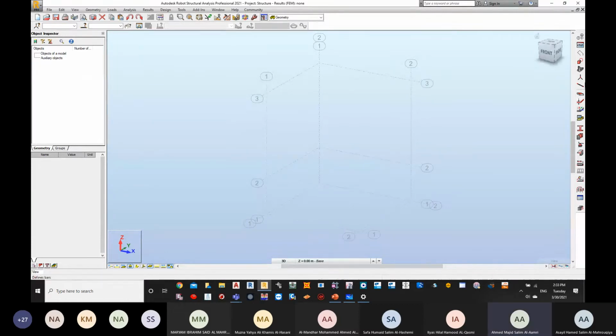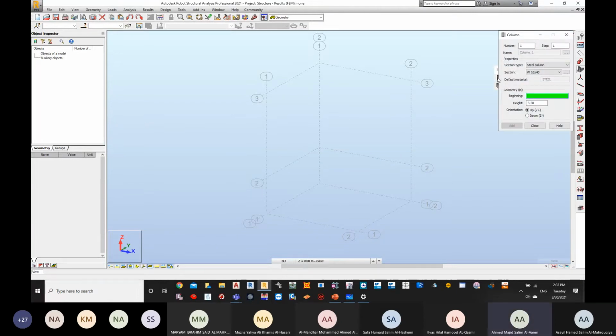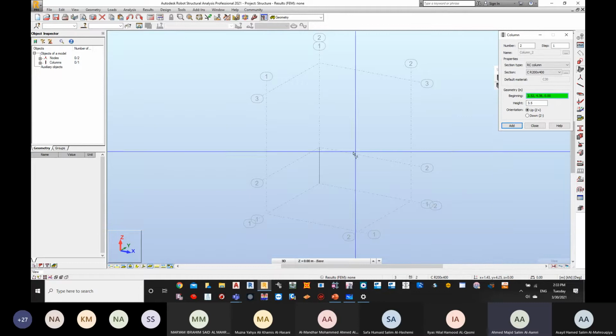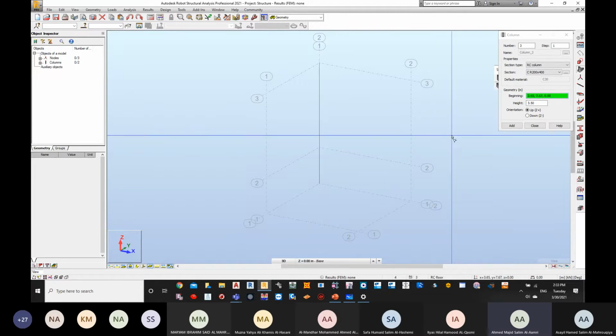Okay, so I brought a column, an RC column, whatever the size, it does not matter. This is the first height, and this is the second height.